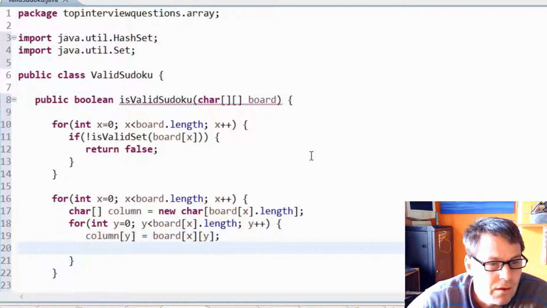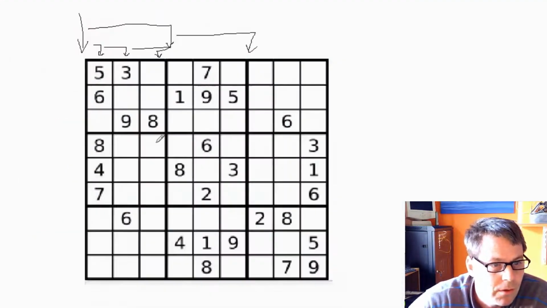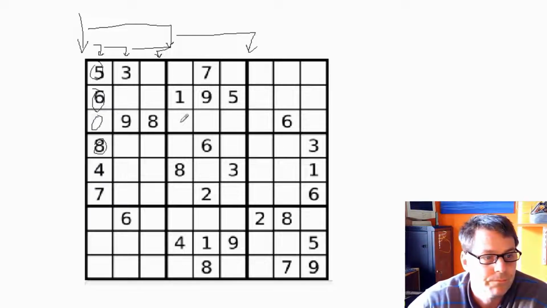So here I'm building the array from each value in the column. For column 0, I'm building the array with these values going down, and that's in the y loop. In the x loop, I'm looping through the columns.